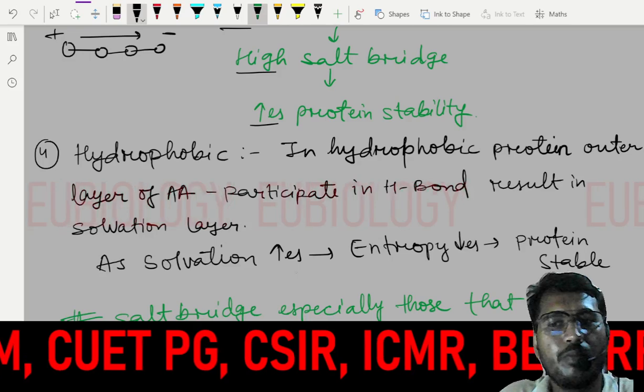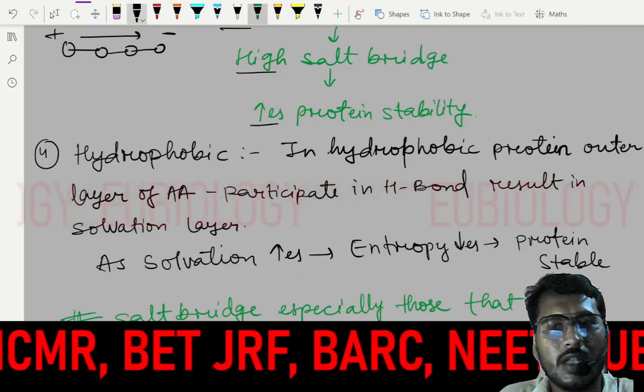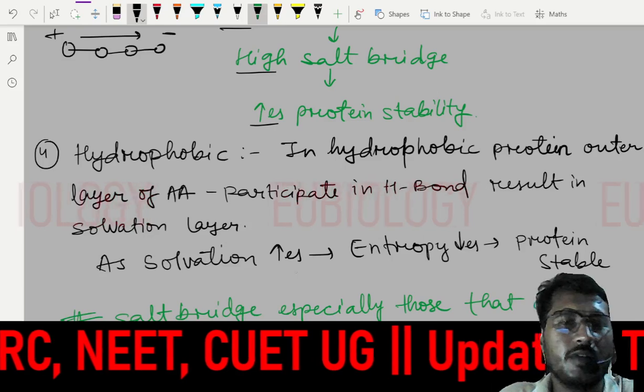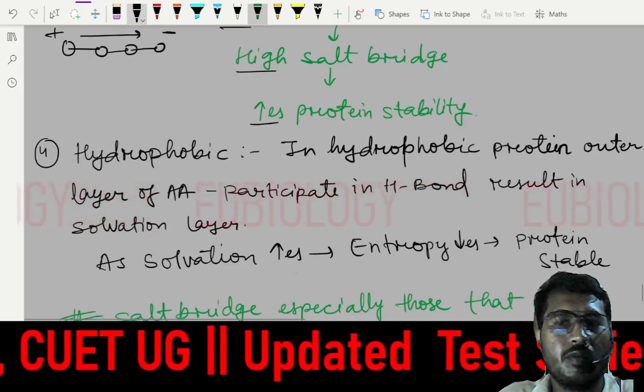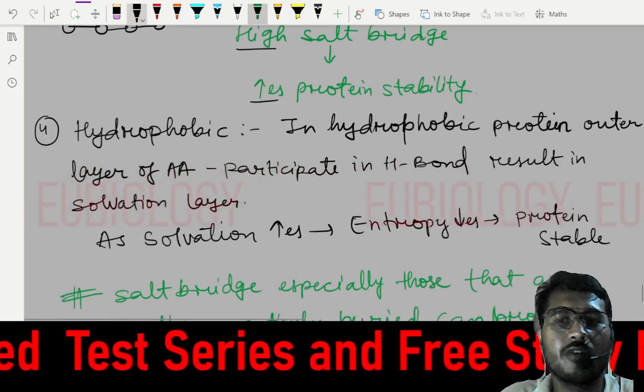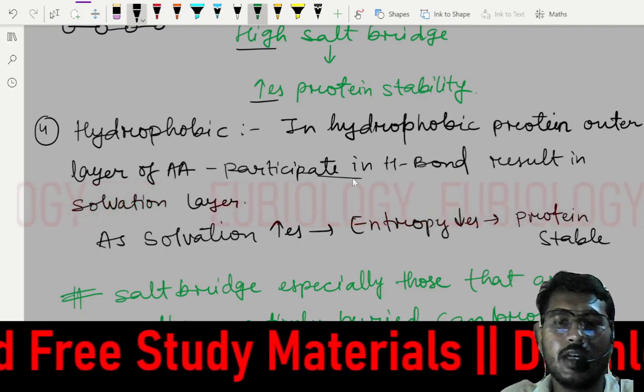Then the protein will form a globular structure, and the hydrophobic amino acids will go inside, to the center of that globular structure.